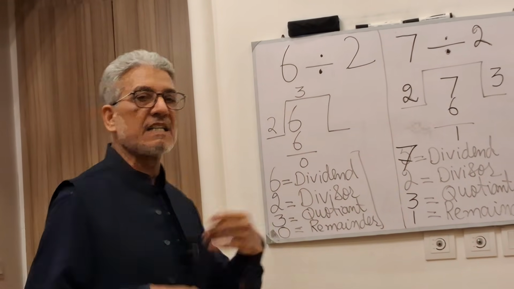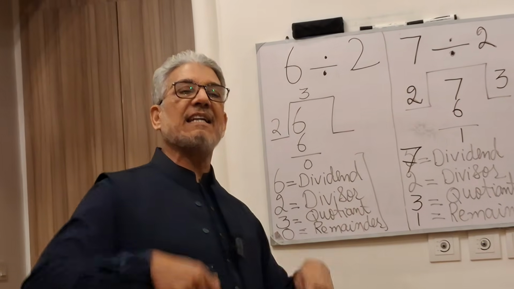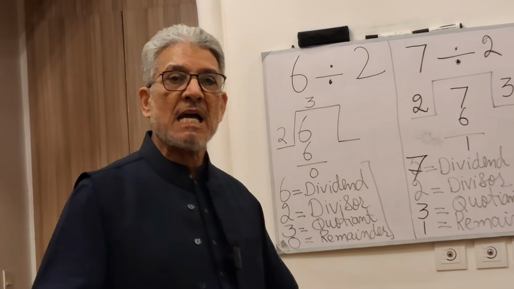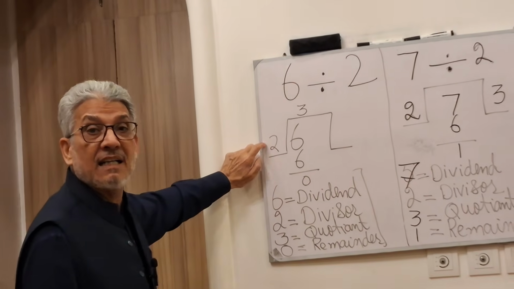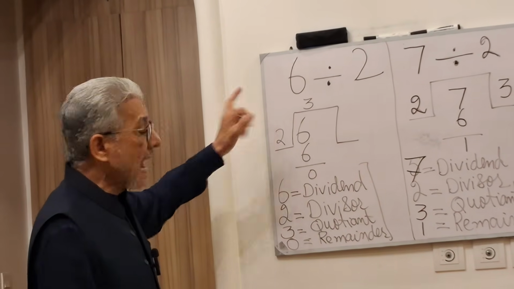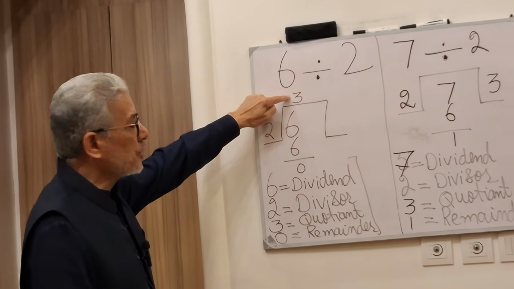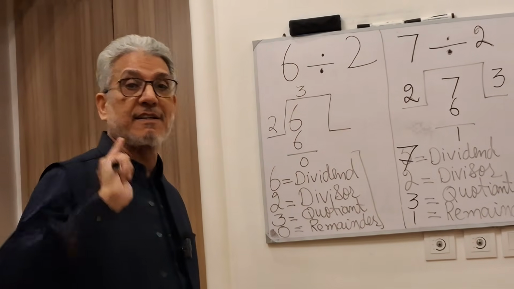When a number is divided equally or evenly or exactly or perfectly, leaving the remainder 0, the divisor is called the factor. And the answer quotient is also a factor.